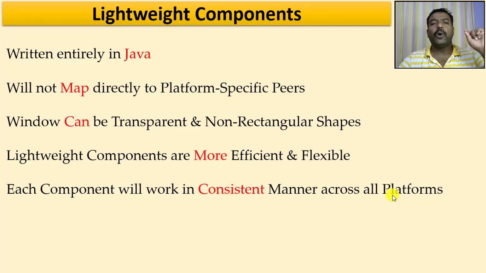Now, if I am going to have a lightweight component, the reason we call it a lightweight component is that, first and most important, it is written entirely in Java. If it was AWT, which was supposed to work in coordination with the platform it was built on, the code I write is not entirely in Java.